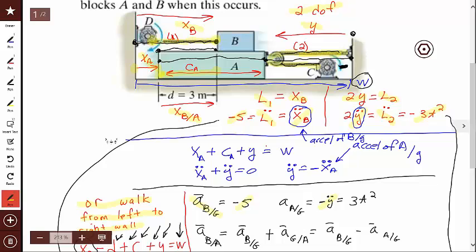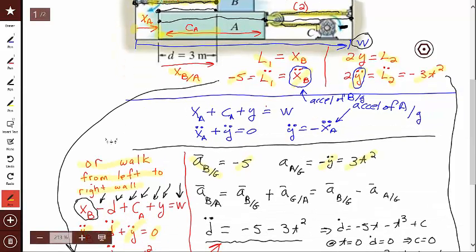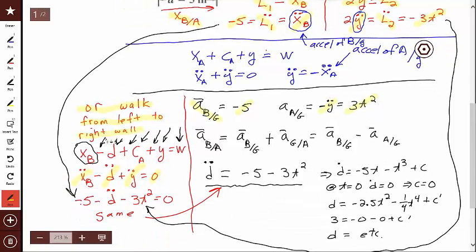So the acceleration of A measured from the ground is negative y double dot. That's 3t squared, right? So as you know, essentially what's happening is because the rope is being pulled in, body A is moving to the right. So there's my acceleration of A relative to the ground.